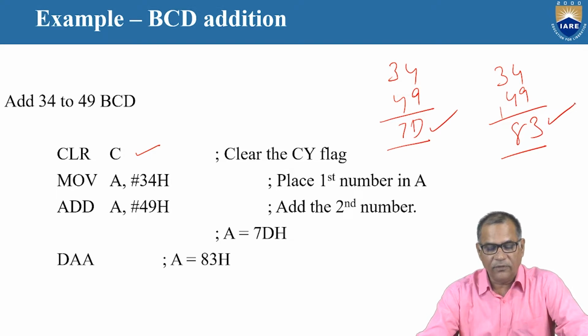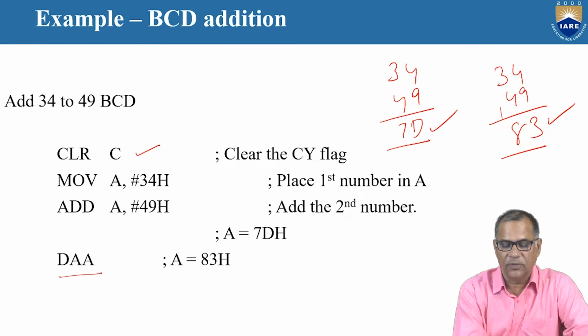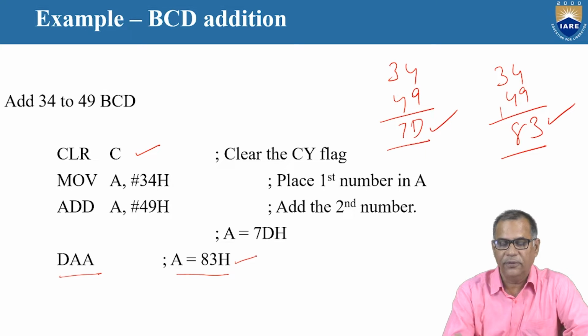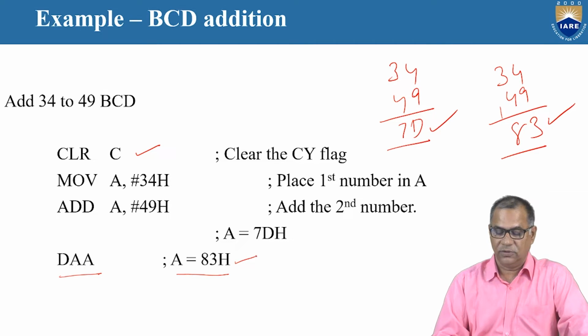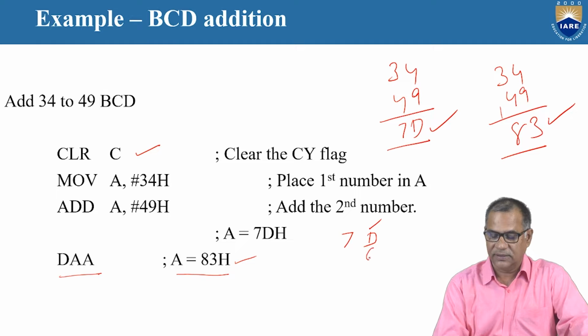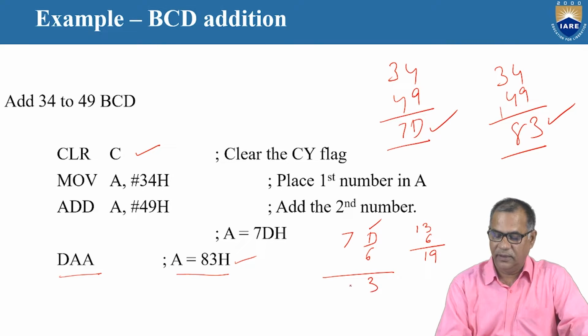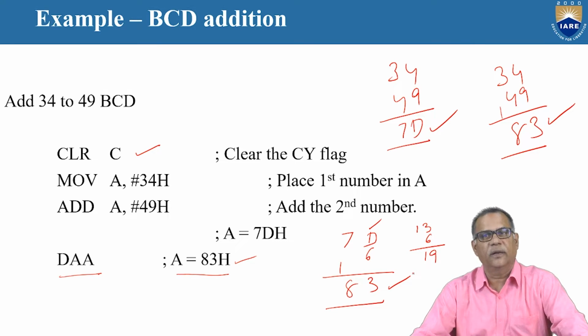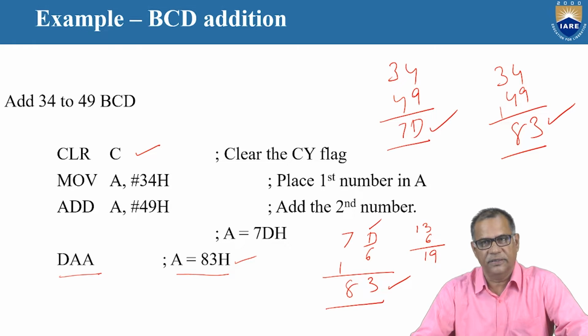To get 83, we have to do decimal adjust accumulator. Correspondingly, the contents of the accumulator are adjusted to the value 83. How is it done? Because the lower digit D is more than 9, 6 is added to it. D is 13, and 13 plus 6 is 19, so you get 3 with a carry of 1, giving 8. Like that, the contents of the accumulator are adjusted to 83H.